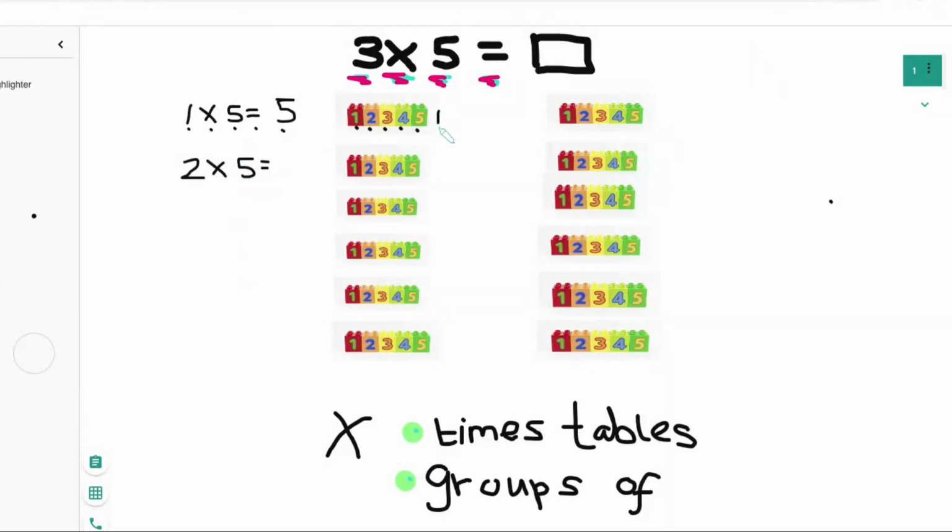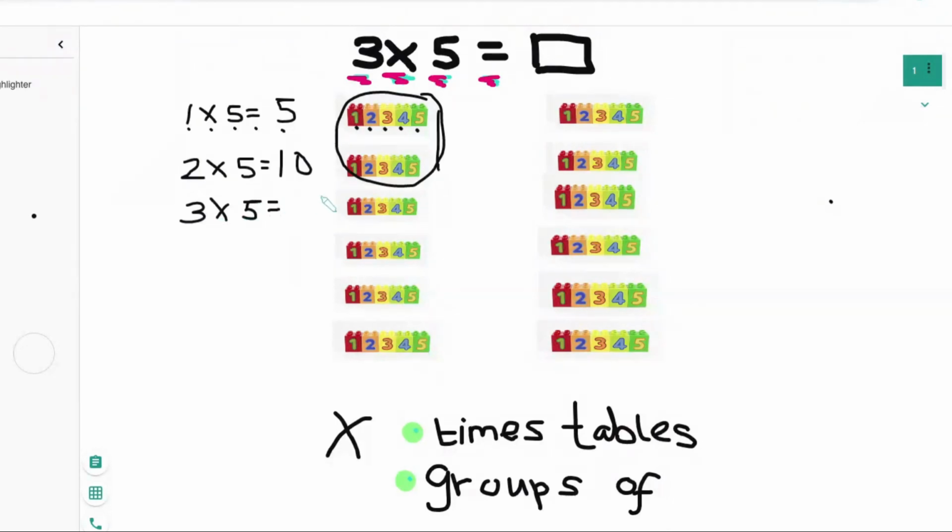Now if we're looking at both of these groups, how many are in both of these groups? We have 1, 2, 3, 4, 5, 6, 7, 8, 9, 10. So 2 groups of 5 is 10. Now we're going to do 3 groups of 5.